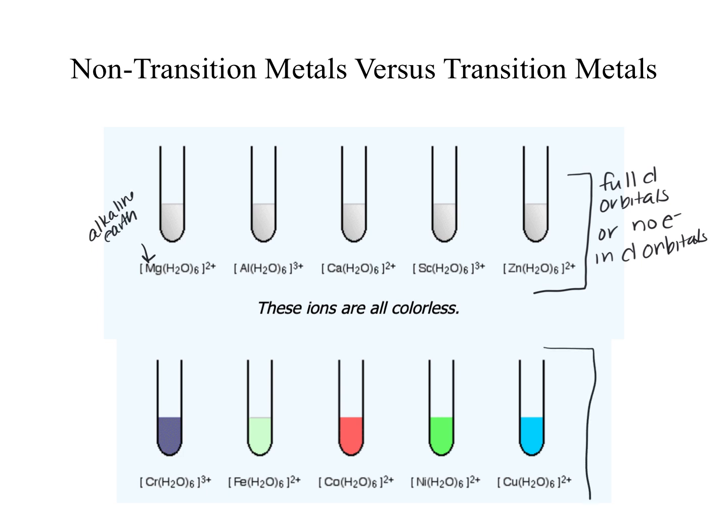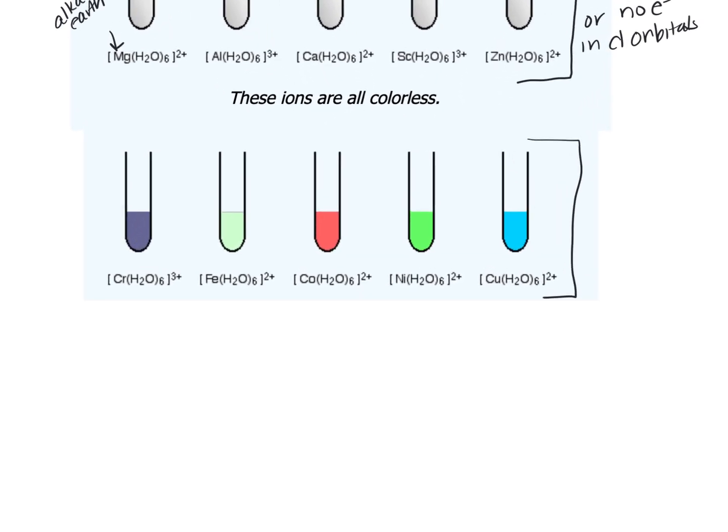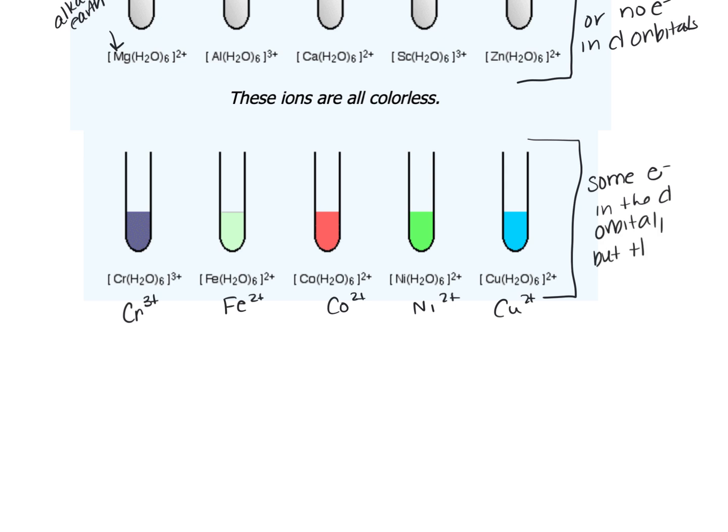Now look down here. All of these ions, which are shown complexed with water, but the water doesn't have a charge, so it would be like chromium 3 plus, iron 2 plus, cobalt 2 plus, nickel 2 plus, and copper 2 plus. All of these have a color, and they have some electrons in the d orbital, but their d orbital is not full.